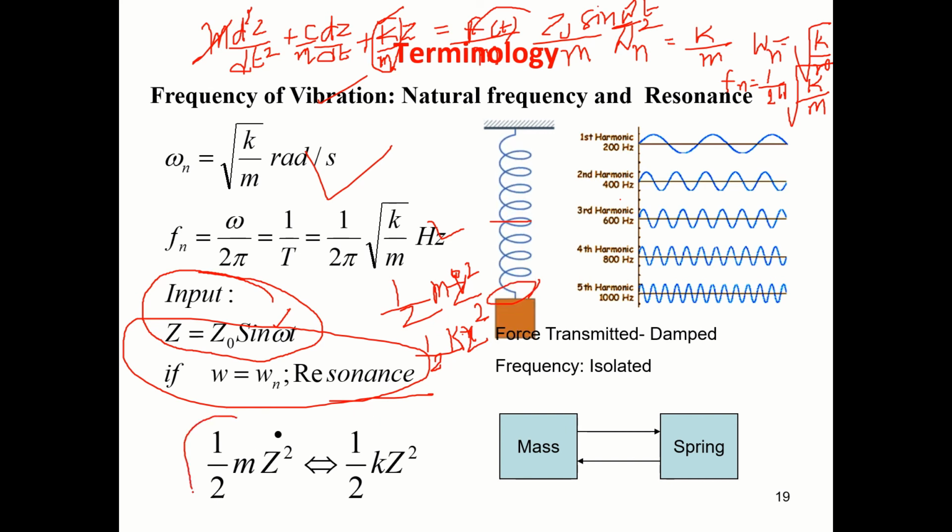So kinetic energy gets converted into potential energy and vice versa. So mass to spring, spring to mass. That's why it continues to oscillate like this. So this is how I can show first harmonic or second harmonic, third harmonic, like this. Right. Now it continues to oscillate.